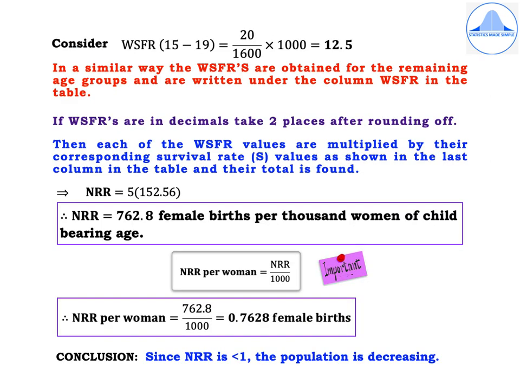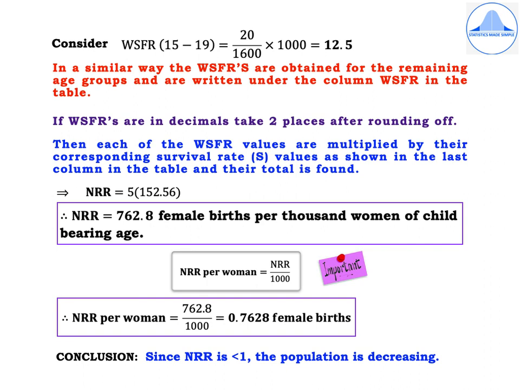Let us now find out WSFR for the age group 15 to 19, which is 20 divided by 1600 into 1000, which is equal to 12.5. Now, the remaining WSFR values are 17.65, 55.56, 45.71, 20.35, 6.06, 1.33.